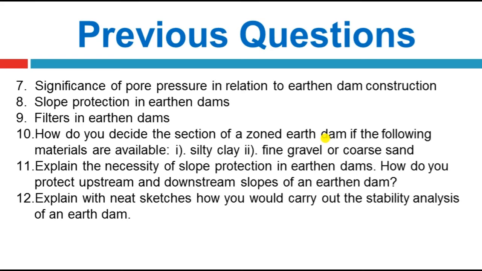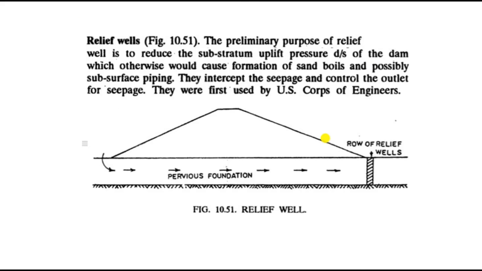Explain the necessity of slope protection in earthen dam. How do you protect the upstream and downstream slopes of an earthen dam, and explain with neat sketches how you would carry out the stability analysis of an earthen dam. These are the different questions for earthen dam phenomena.